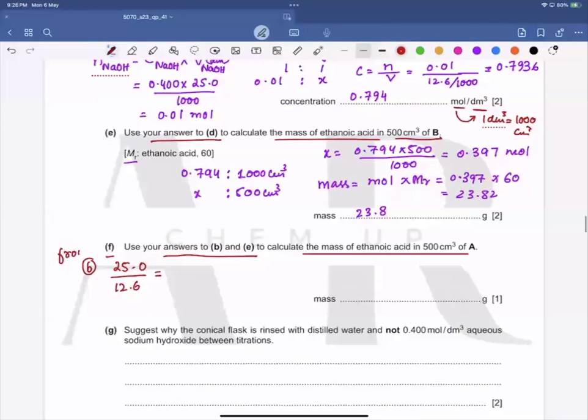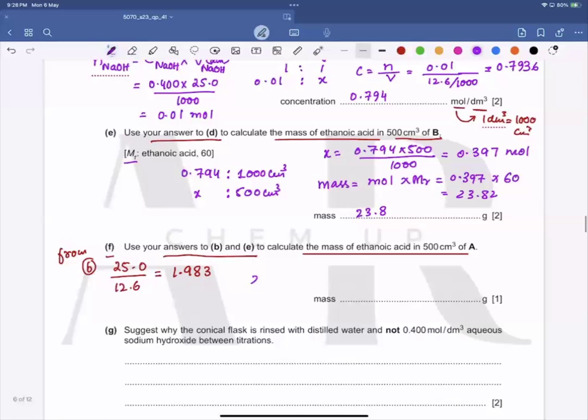That is what we got from B. The ratio is 1.983, right? So by this ratio, the volume differs.